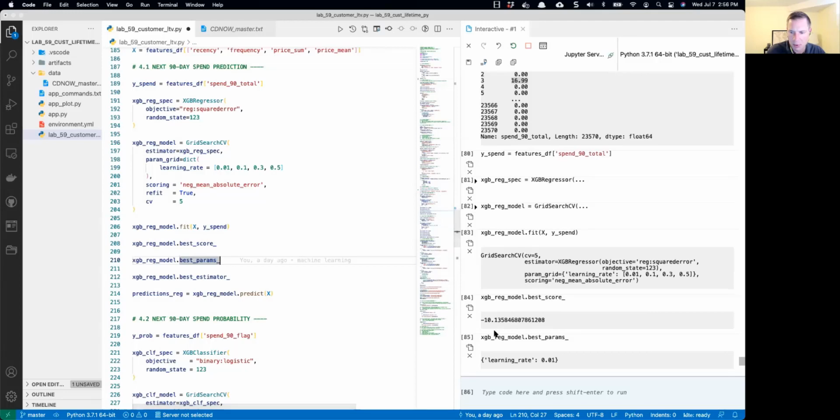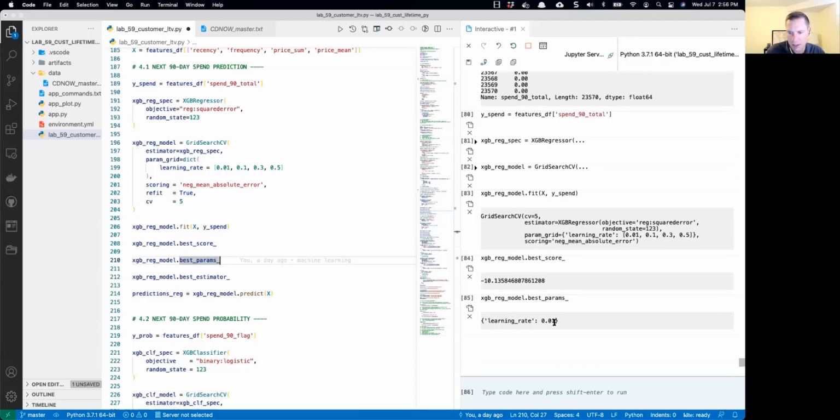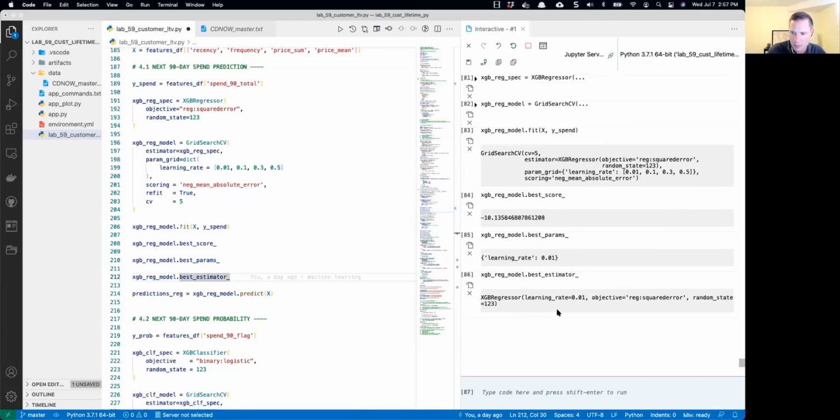We can see what the best parameters were. It found that the best parameter was this learning rate of 0.01. We can get the best model. This is our best estimator, is what it found, and then we can make predictions with that. So I'm going to save this. This is how you would predict with it on new data.